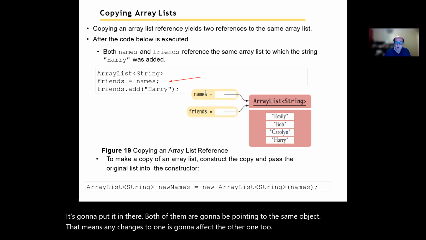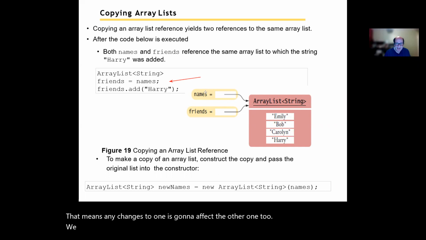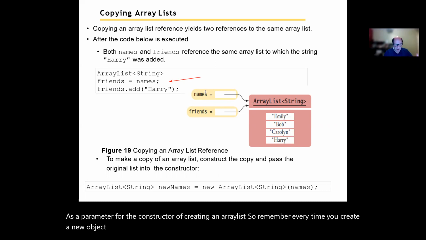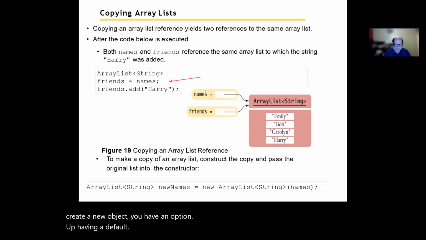Now, we can pass an array list as a parameter for the constructor of creating an array list. So remember, every time you create a new object, you have an option of having default values or passing a parameter. In this case, I am passing an array list over here.